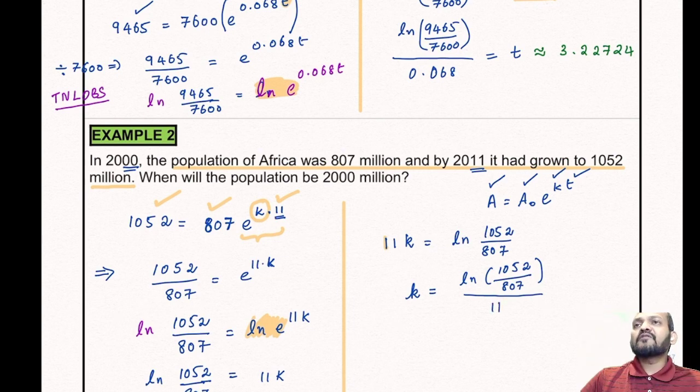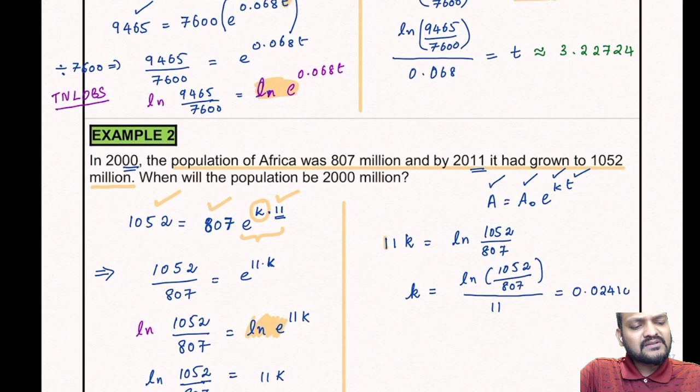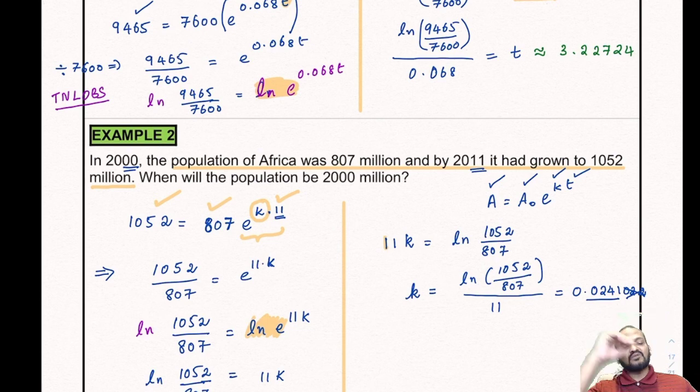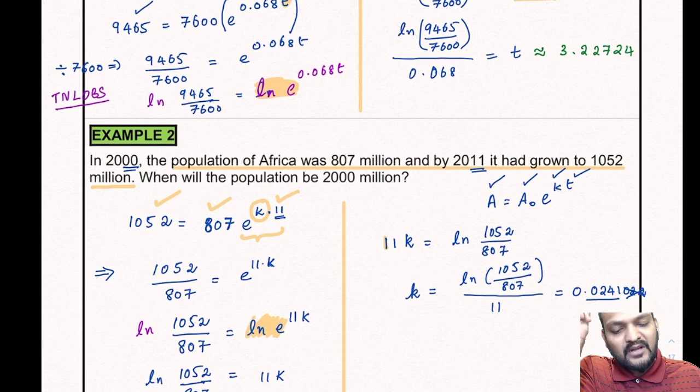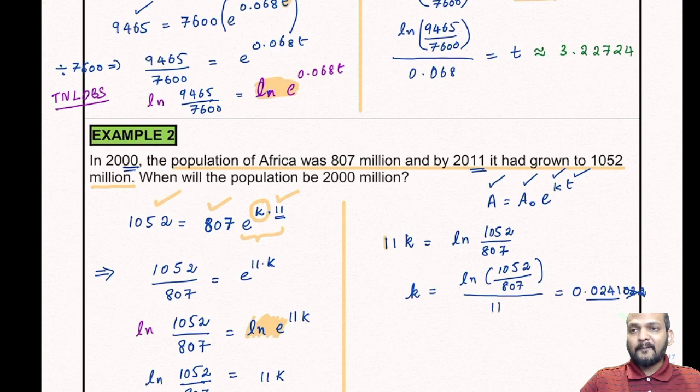Use your calculator to figure out how much that is. I already computed that, and k happens to be, if you use the calculator, 0.0241022, but I'm going to only take the 4 decimal places. I'm not going to bother about the rest. So my k here, the growth rate for that particular population, is 0.0241.